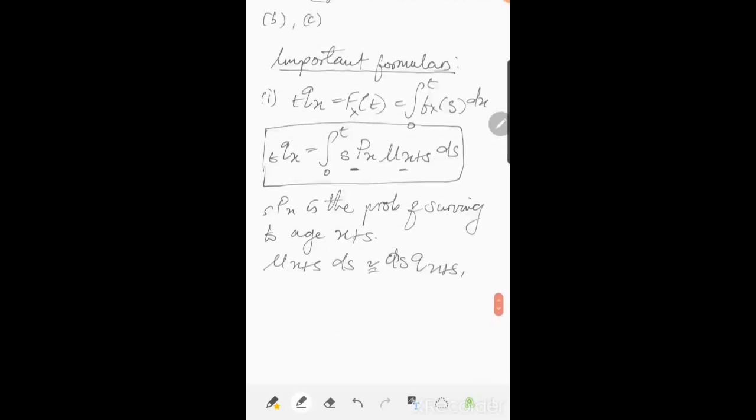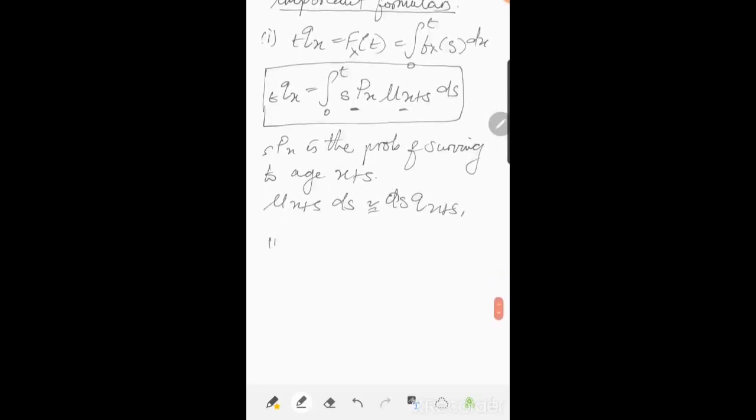Then the second important formula is T px equals the exponential of negative integral from 0 to T of nu x plus s ds. This is the second important formula that we need to know.